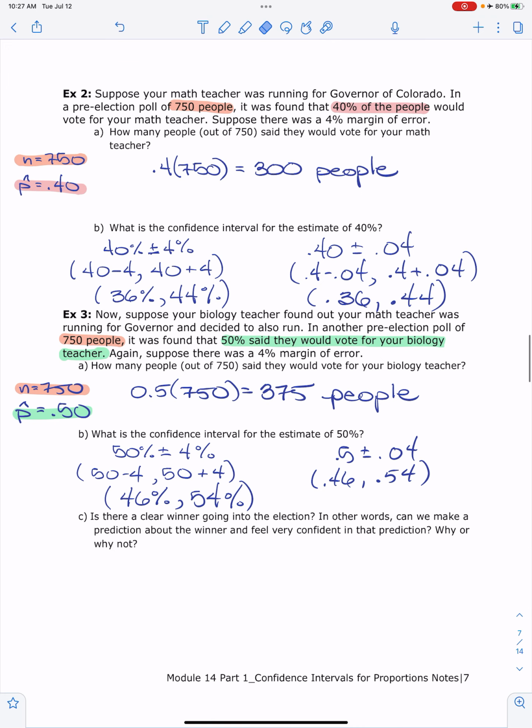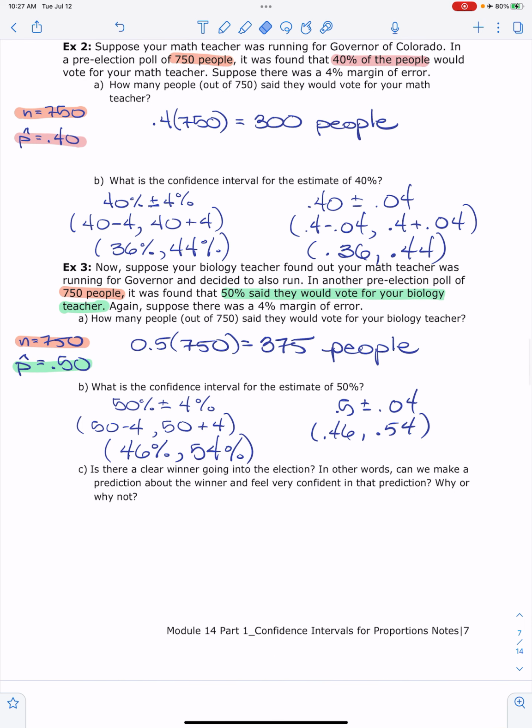So your math teacher has got a confidence interval of 36 to 44%, while your biology teacher has a confidence interval of 46 to 54%. So it appears that the biology teacher would win.